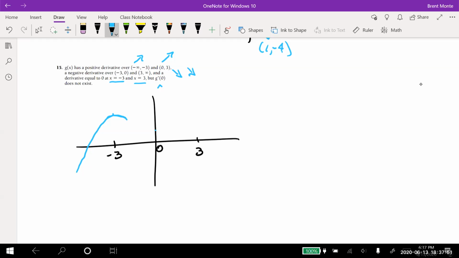G prime of 0 does not exist, so maybe when it comes down here, it's at a corner. So we'll draw it this way and have it go up. So it wasn't nice and rounded like it was at -3, but 0 to 3, it's going up again. And then 3 to infinity, it's going down again. So maybe it goes up this way and maybe it rounds nicely.